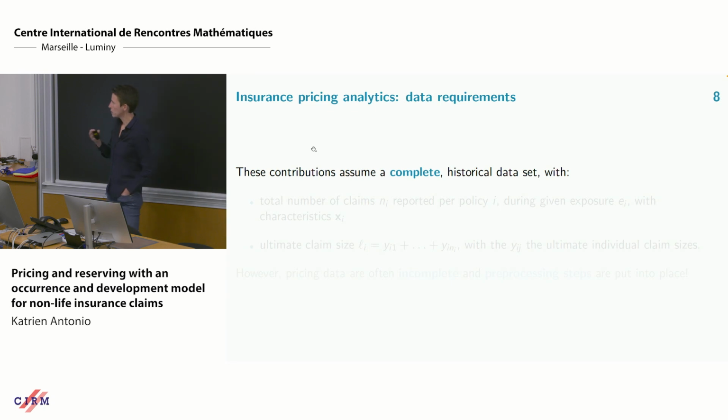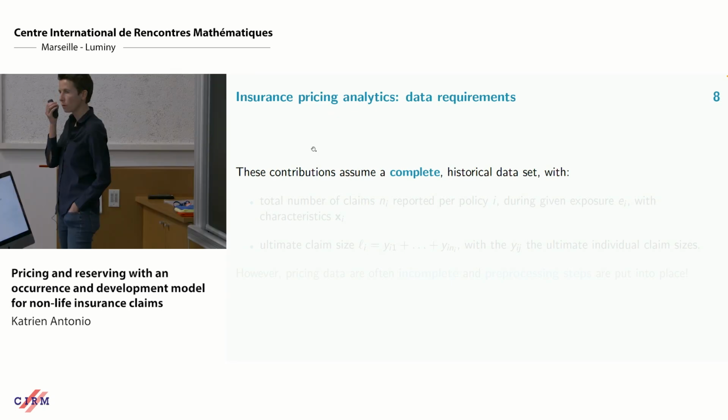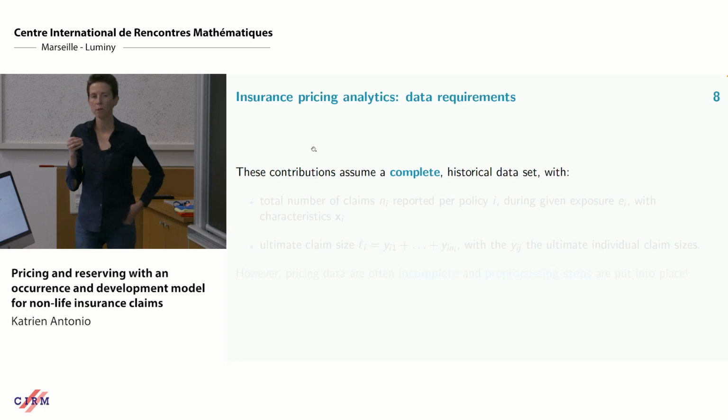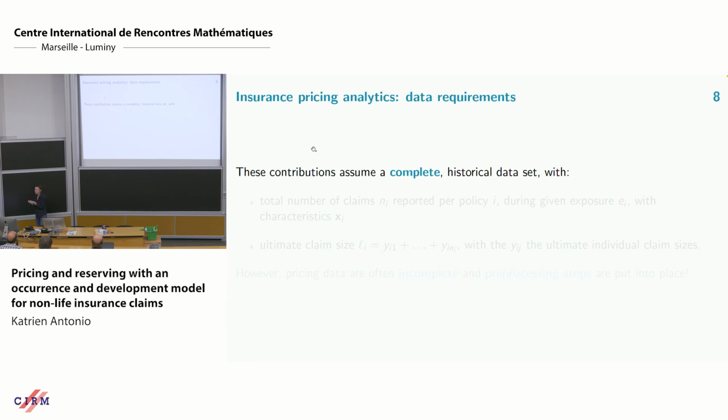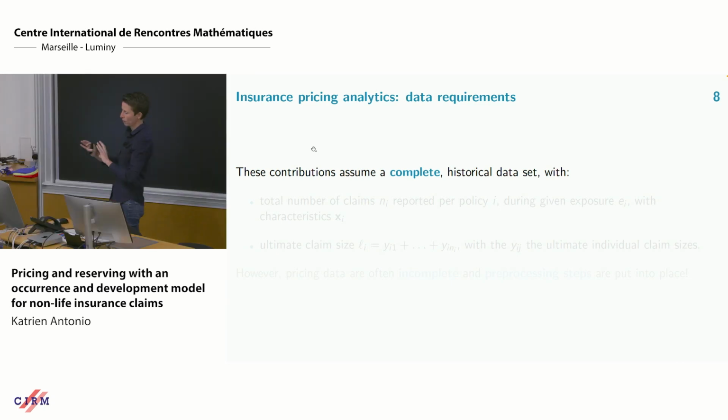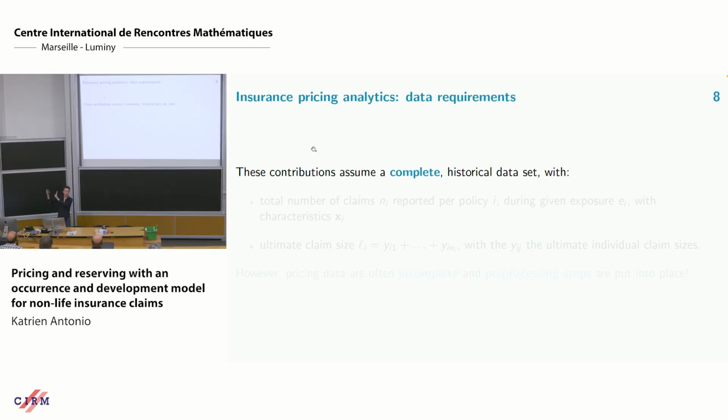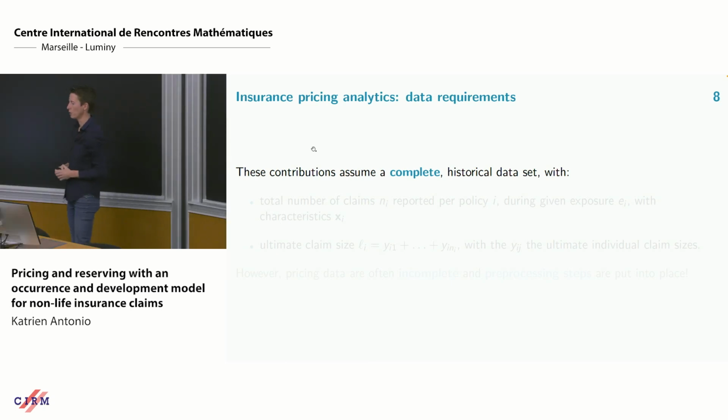Now, the reason why I mentioned these contributions is because the idea that I will try to work on in this paper with Jonas, Stijn, and Alexandre is, if you look at these pricing papers in the literature, we're going to assume there that we have, let's say, a nice, complete historical data set with our policyholders, the number of claims they reported during a specific period of time, and then the corresponding severities for building our predictive models on, right?